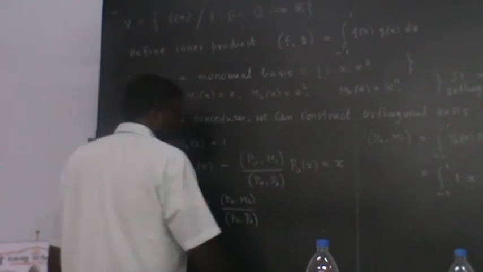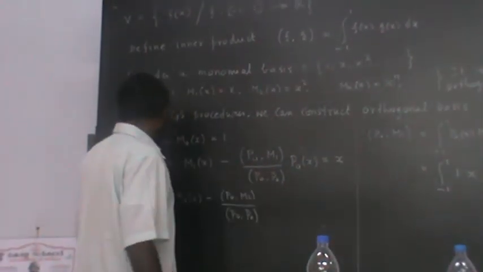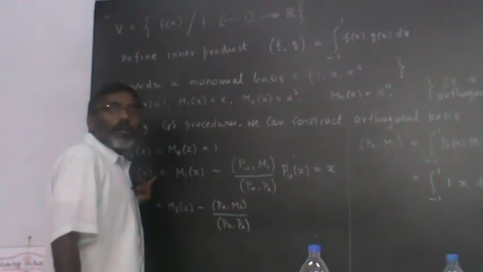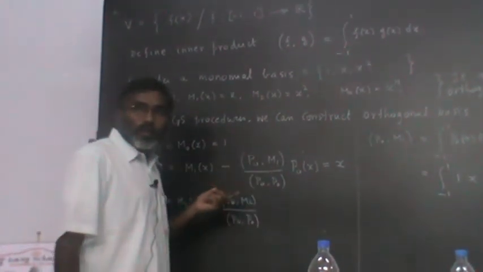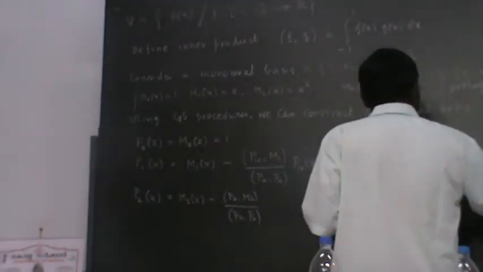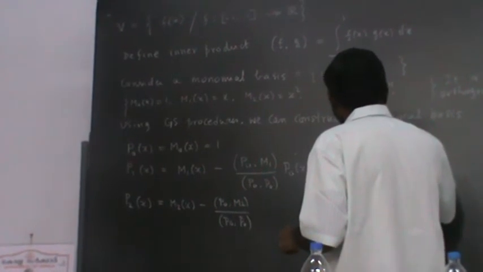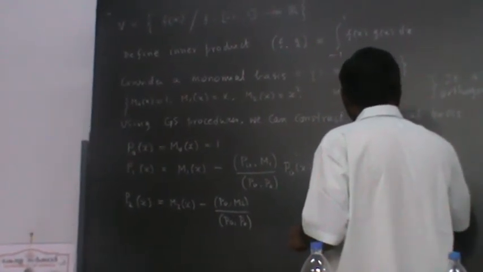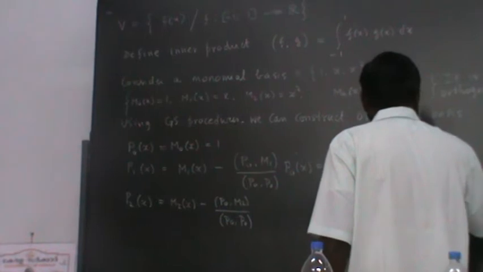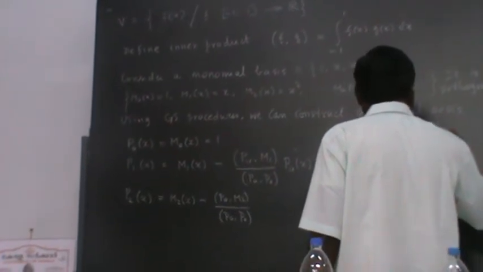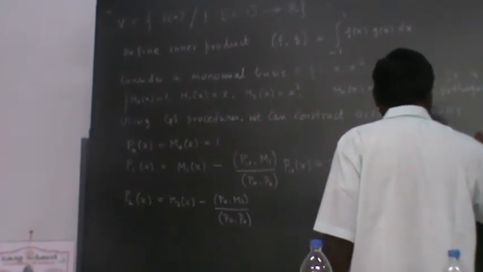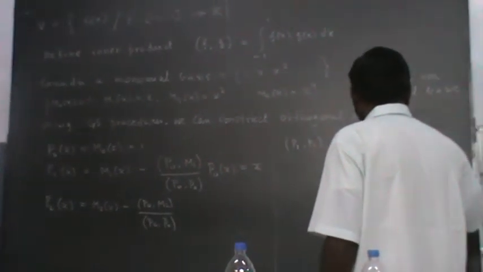Before that, let me also say that this is my P1, but I can also normalize P1. How do I normalize P1? I ask what is P1, P1. P1 is x, so it is the integral from -1 to 1 of x squared dx, which is equal to 2 by 3.